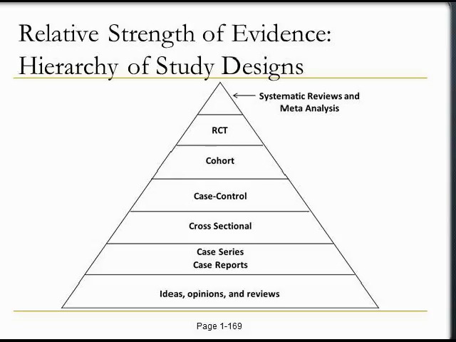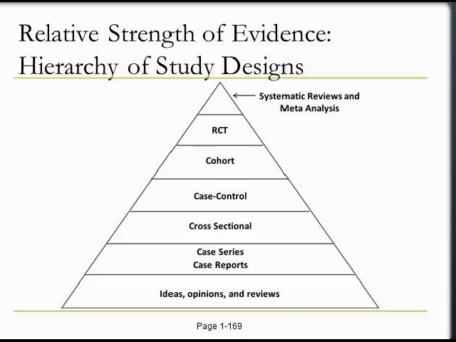And there's lots of physicians out there, and lots of pharmacists and lots of nurses who share lots of opinions based on a variety of different things, and they're exactly that, they're opinions. One rung higher than that is a case series, okay, or a case report. Case reports, N of 1, case series, an N of 2 or 3 or 4 or 5, depending on how many things we observe.